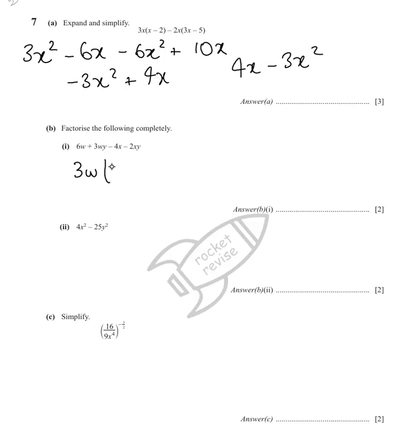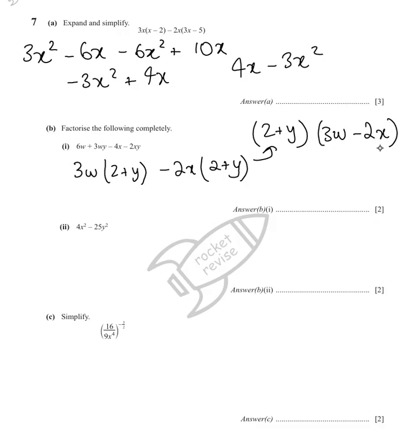Yes. 2 plus y, and let's take minus 2x common here. Here we are left with 2 plus y. So the two brackets that we have are 2 plus y and 3w minus 2x.